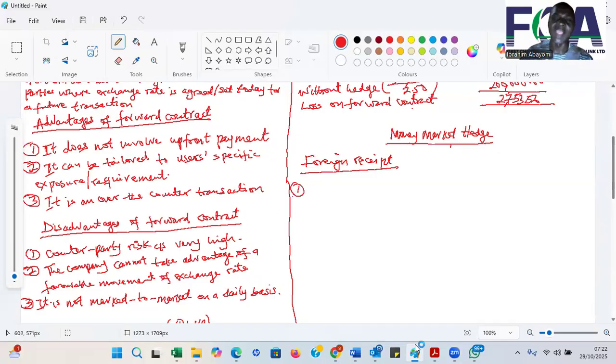I have a receipt in the country. If I have a foreign receipt, it means I have an asset. Receipt is an asset. It means I have someone who is bound to give me that money in the future. So I have an asset in that country. Since I have an asset in that country, if I want to hedge using money market, I will do the opposite.